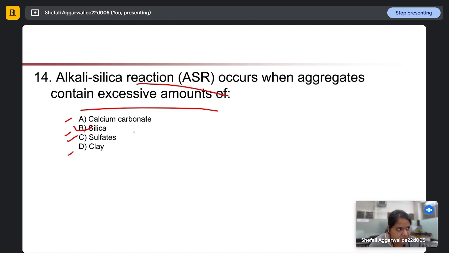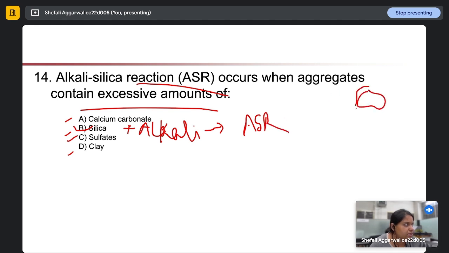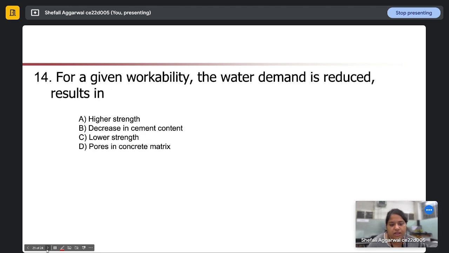This silica reacts with the alkalis of the cement paste, causing an ASR gel along the aggregate, and this ASR gel will expand itself and form a crack. Okay, so alkali silica reaction is because of excessive silica present in aggregates.